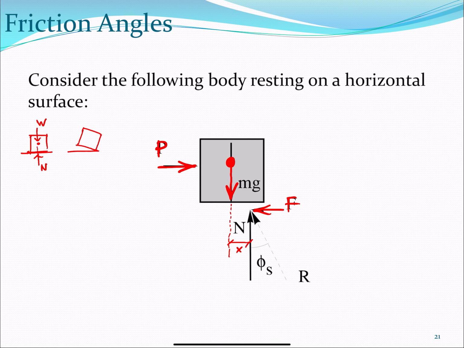So that means that the only point of contact is the corner. Well, the weight is still at the center of mass of the body, but you see the only point of contact is at the corner, so the normal force is actually here. You see? So the first thing I want to show you is that the normal force moves, right? Of course, where would it act if not at the contact point?